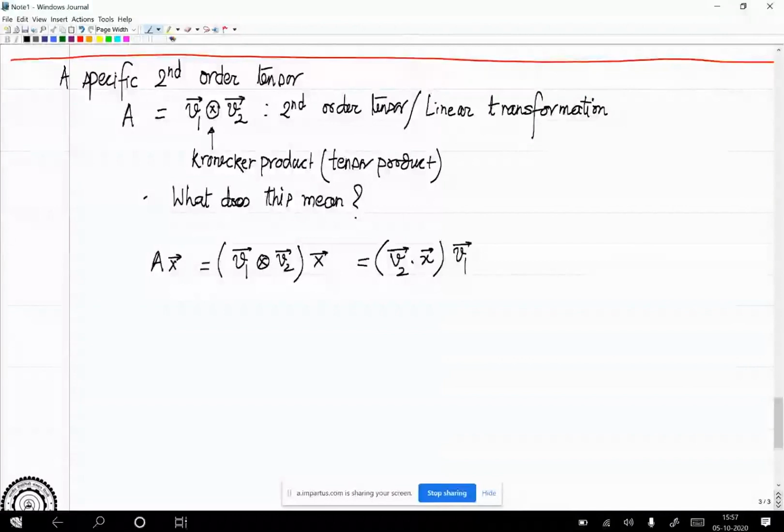So this is how it acts on any arbitrary vector. And because V2 dot X is a scalar, you can also write it differently later on. All right.